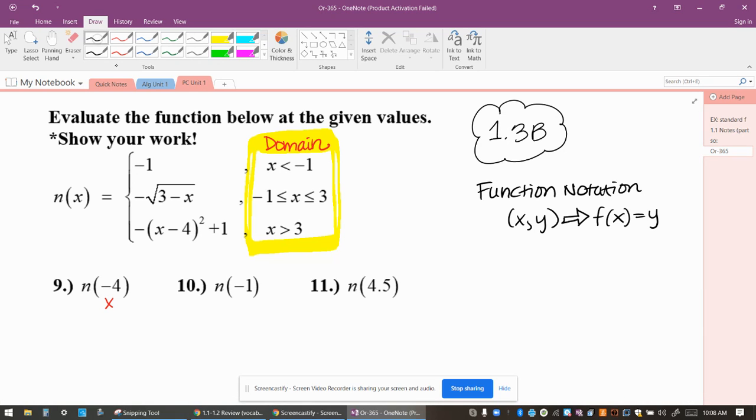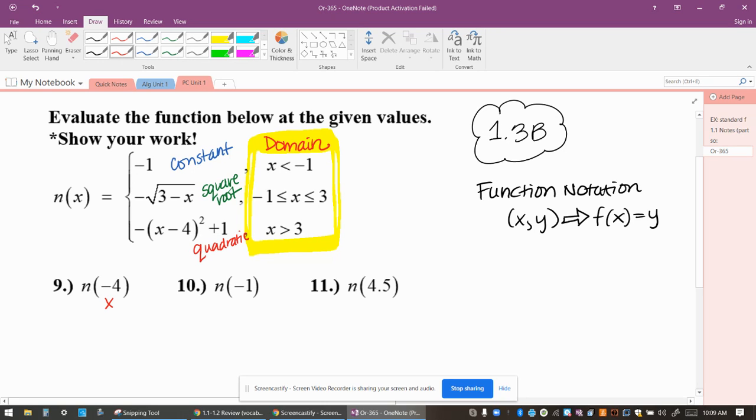So you need to ask yourself, for the function n of x, where am I going to substitute the -4? What domain does this fall under? Does it fall under the first piece, which is a constant function? Does it fall under the square root function domain? Or does it fall under the quadratic domain?